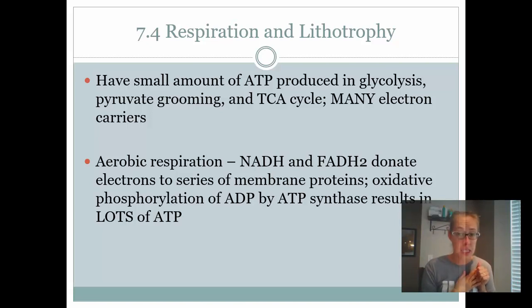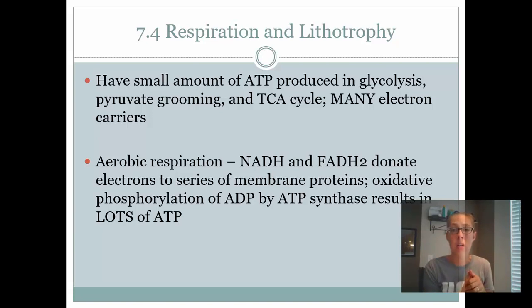This does not take place in the mitochondria. Remember that bacterial cells are single-celled organisms, and so they have no organelles at all. So everything that we're talking about thus far has taken place inside the bacterial cell cytoplasm, the fluid portion.